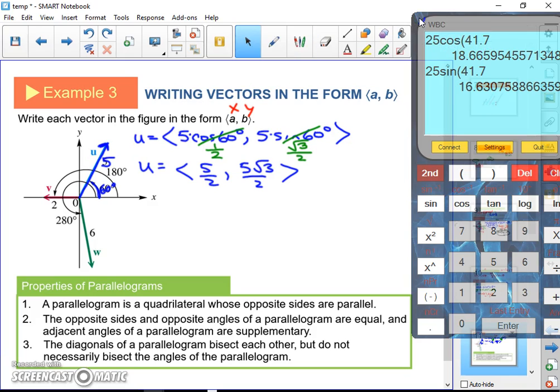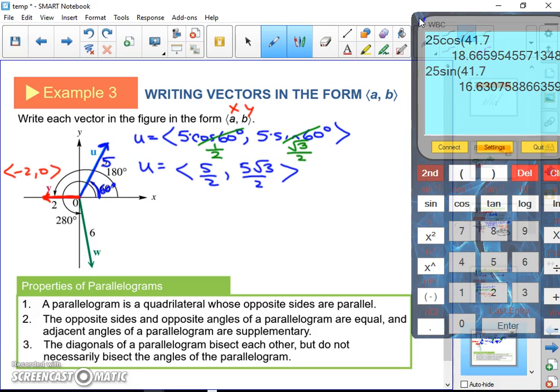There's vector u. Now if you look at vector v, it's actually going to be kind of easy because it's right on the axis. And so if you're smart, you already know that this is going to be negative 2, 0. Basically, that point is talking about the terminal point, right at the end of it.